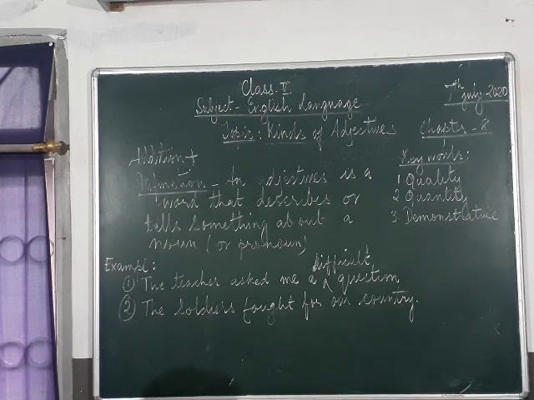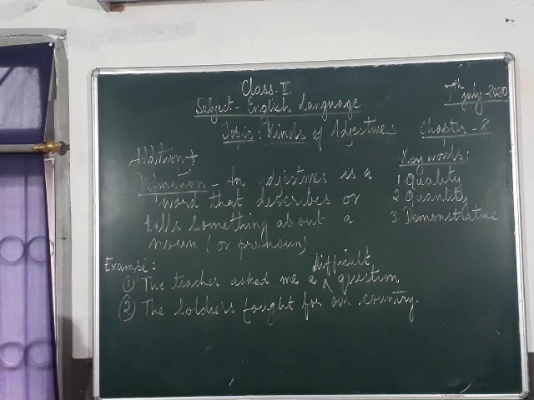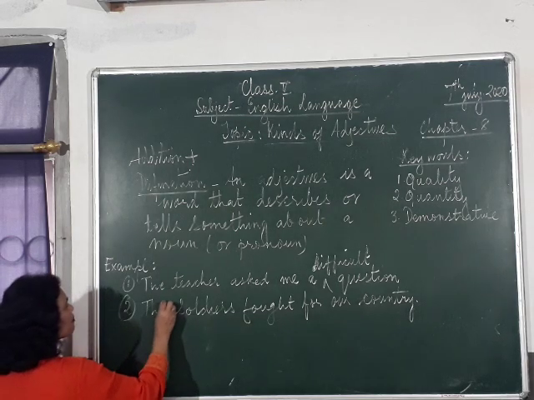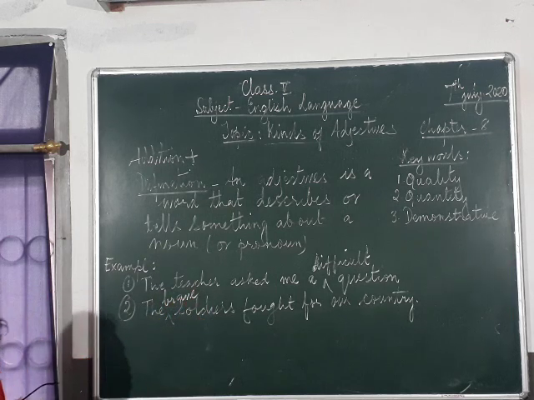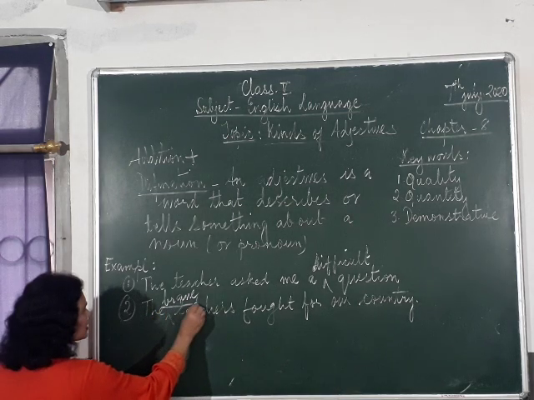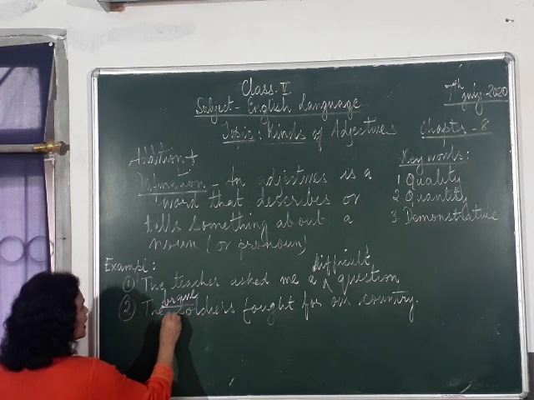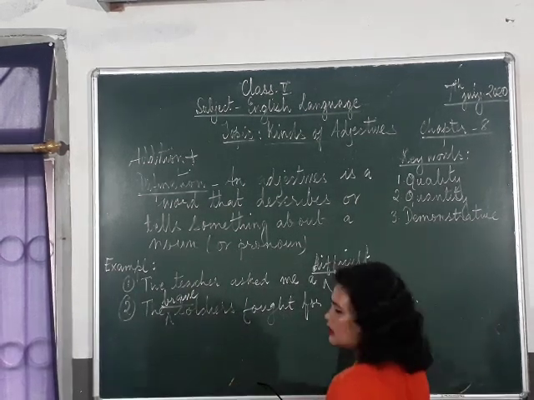But what kind of soldiers do we have in our country? So if I add an adjective out here, it will add more meaning to the noun. So I add brave. The brave soldiers fought for our country. So you see, when we add adjectives, it adds more meaning to the noun.